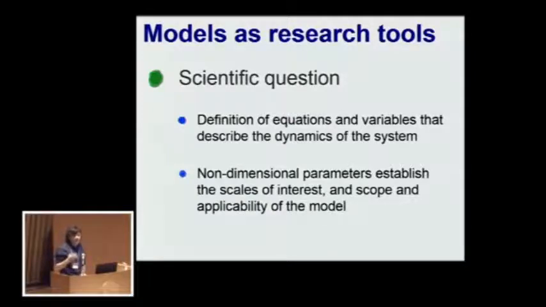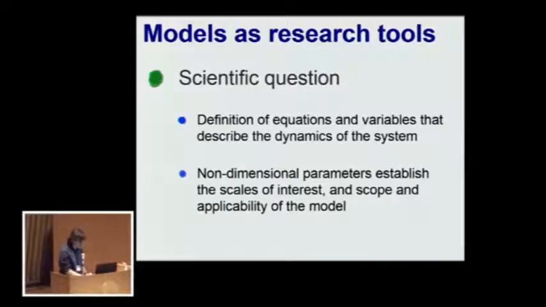Except in LES, I can explain that later, but once we select a model, implicitly or explicitly, we have the non-dimensional parameters, we have the scales, we have the scope and the applicability of the model, right? So this is very important.